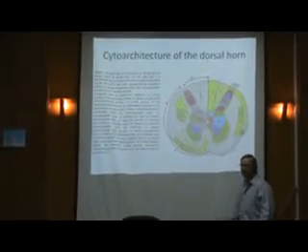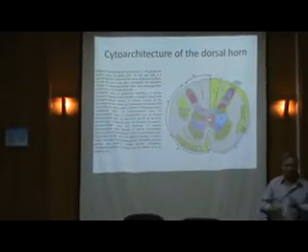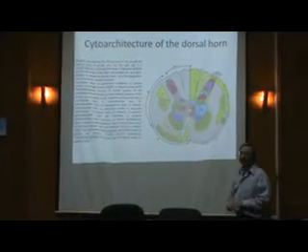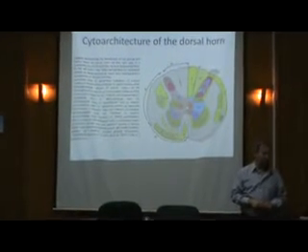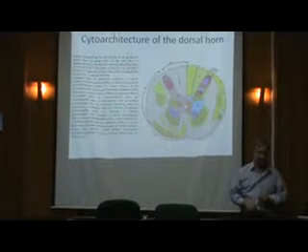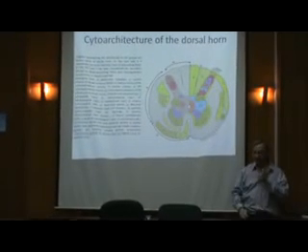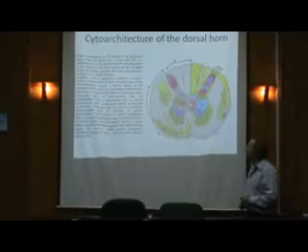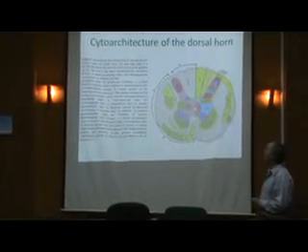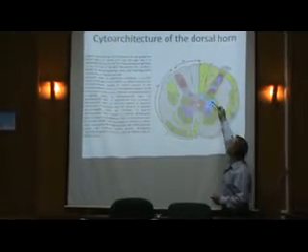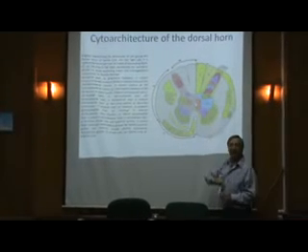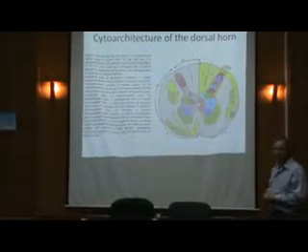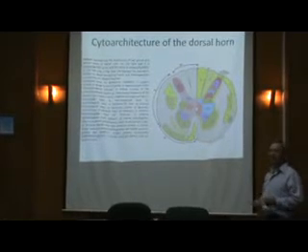Gray matter is composed of neurons, grouped in a particular way, and white matter is composed of cords, bundles of axons. Regarding the gray matter, we have three components. The dorsal horn is mainly for sensory systems.